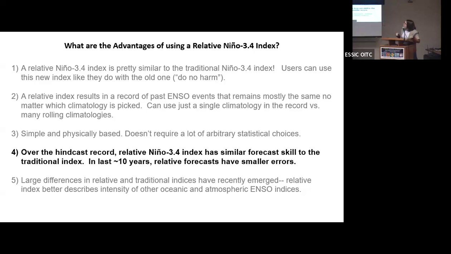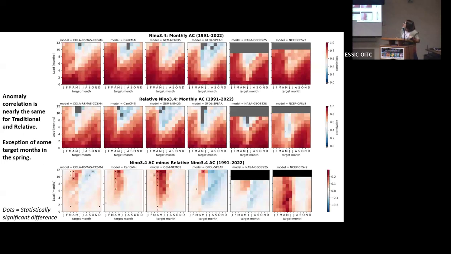When we look at the hindcast record, the relative index has similar forecast skill to the traditional Nino 3.4. And as I'm going to show you, in the last 10 years it seems to have smaller errors as well. There are a lot of plots here, I apologize. The top is the traditional Nino 3.4 skill.